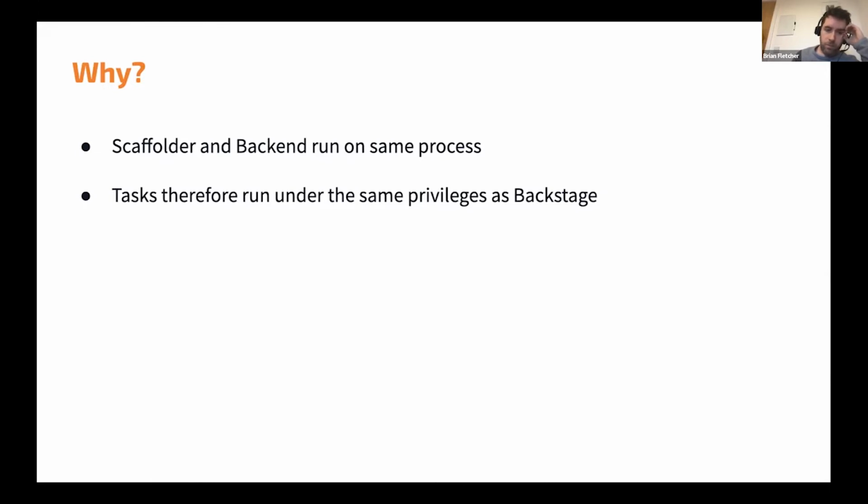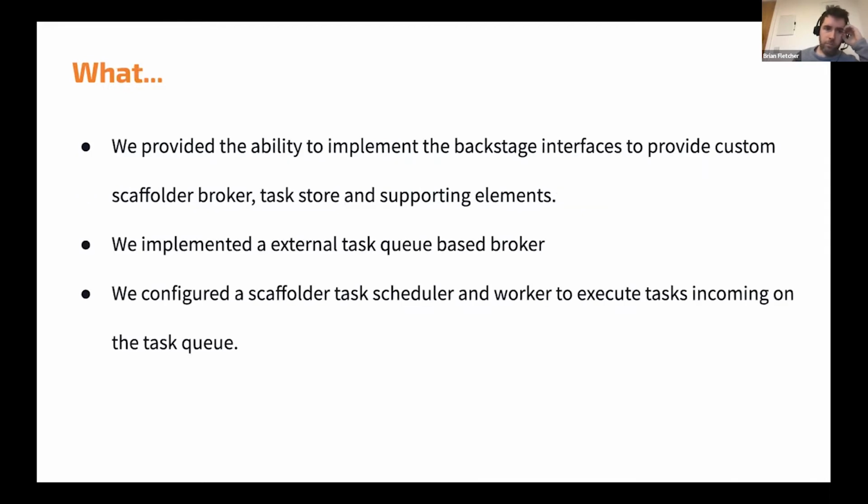So if an individual task is compromised, it has the same scope as the Backstage backend, and all of the file system access and all of the network access that the backend would have. So we wanted to make that a little bit more constrained.